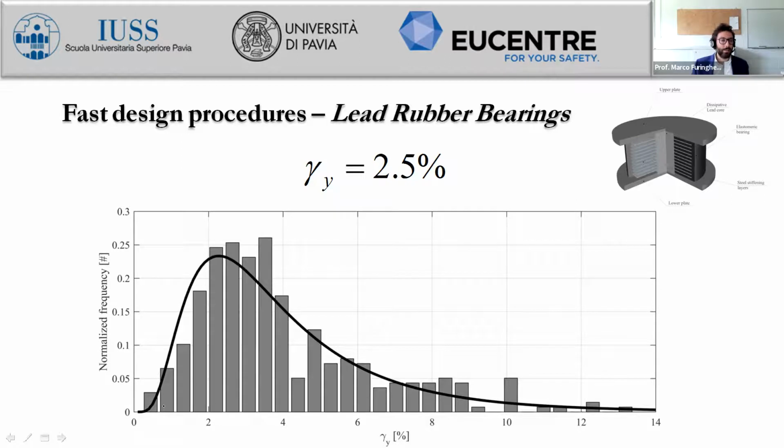I also provided a best fit procedure in order to compute the R squared for the log normal distribution, and I got something like 95% of R squared. So this means that the fitting is very good.